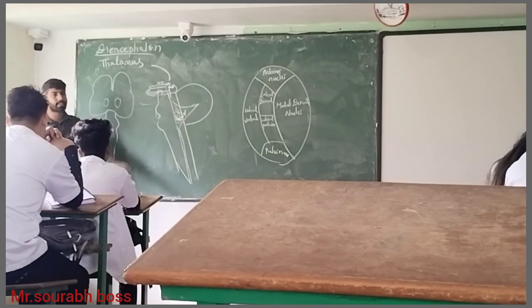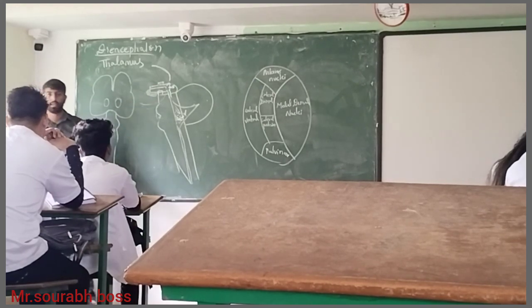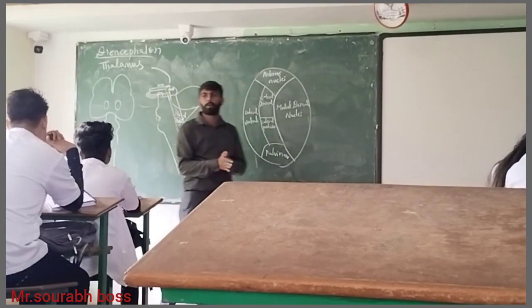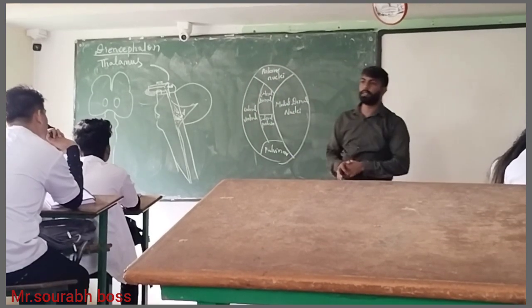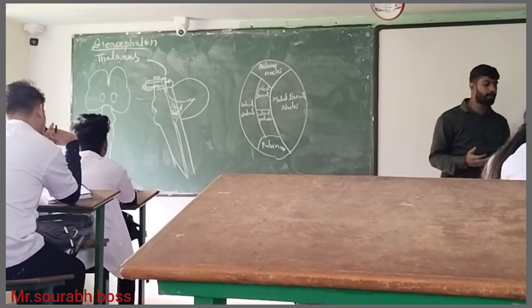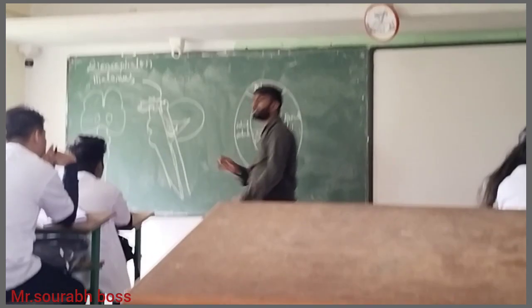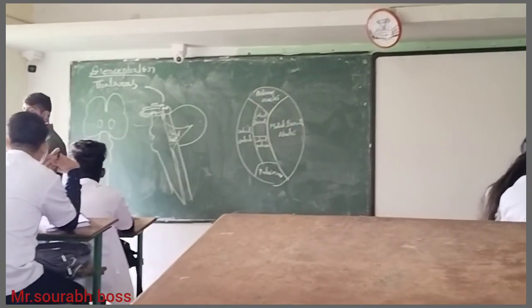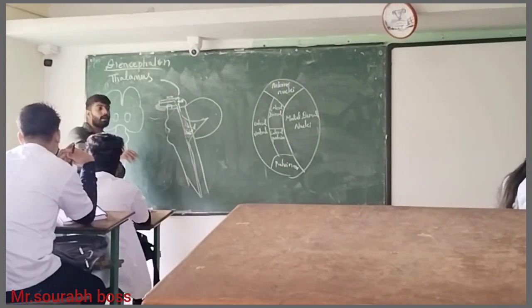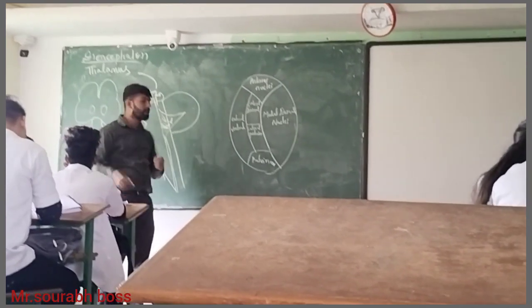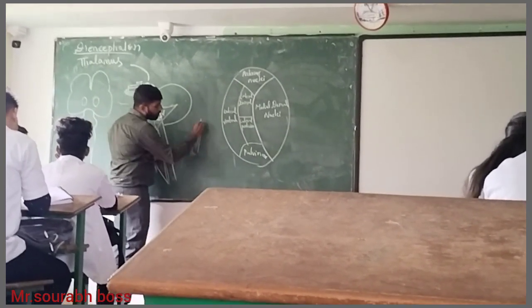So this thalamus has a group of nuclei, a nuclei complex. What do we mean by nuclei? Nuclei means we are discussing cell bodies, not the cell processes, the axons.